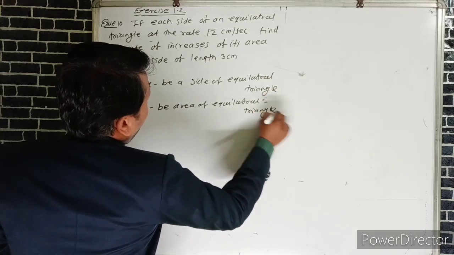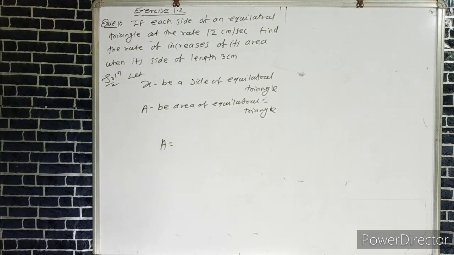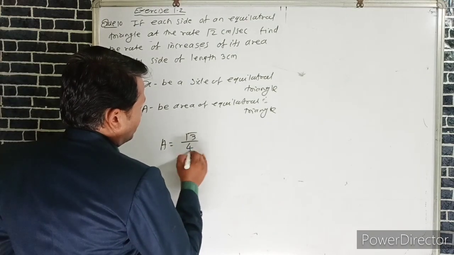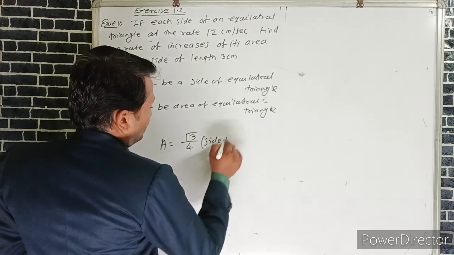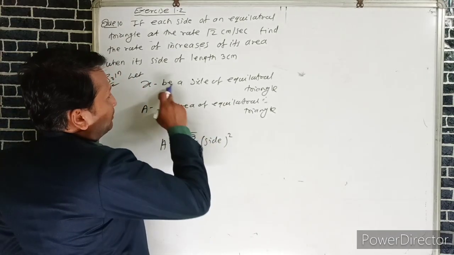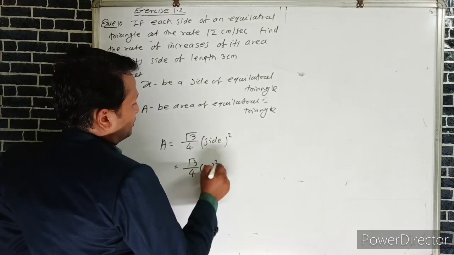We know that the area of an equilateral triangle is A = root 3 by 4 side square. Here the side is considered as x, so A = root 3 by 4 x square.